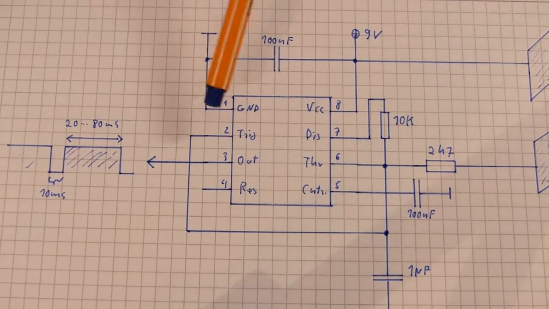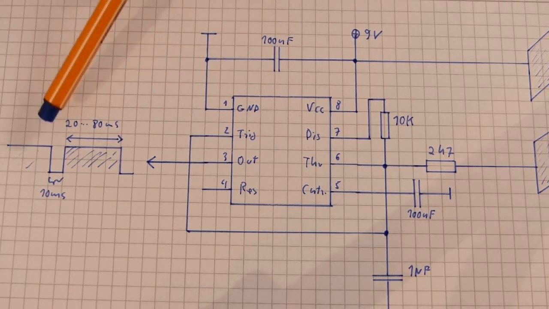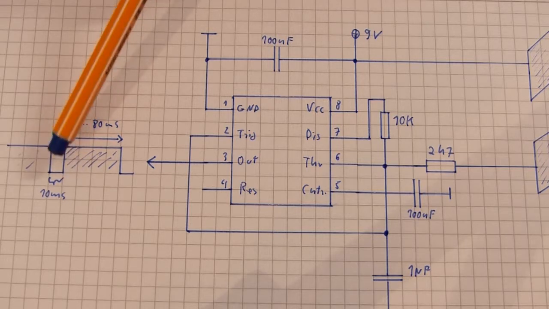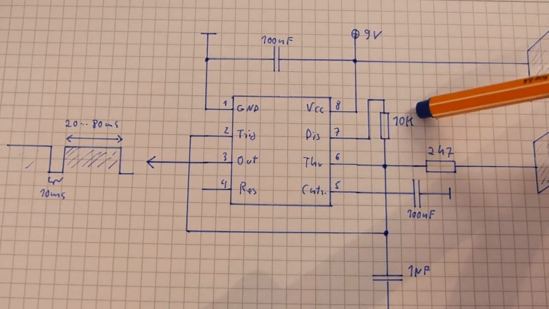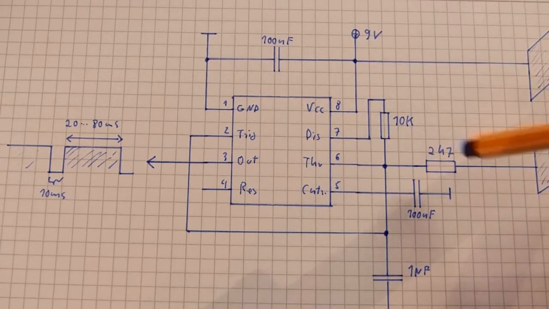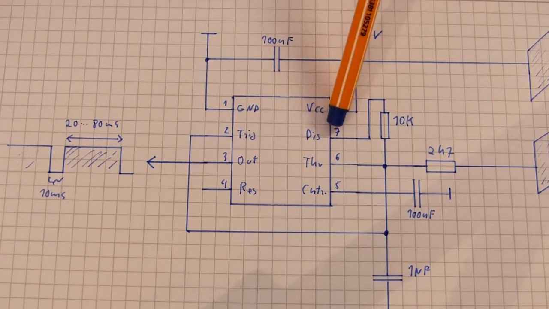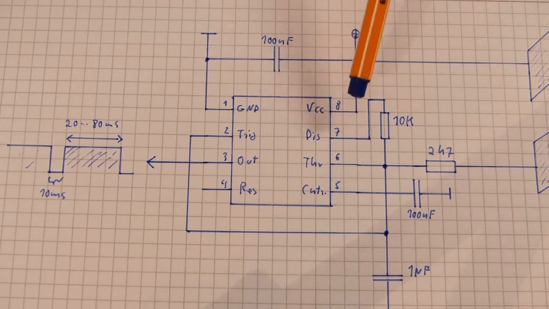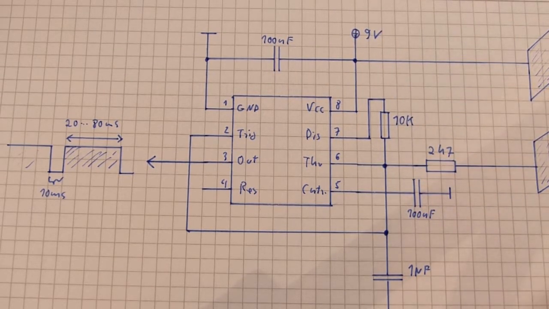Okay, and what you get here on your output are trains of impulses with a dead time of 10 milliseconds. The dead time is specified by this resistor here, because when the NE555 discharges, this pin here is going to ground, and the capacitor is discharged through this 10K resistor.